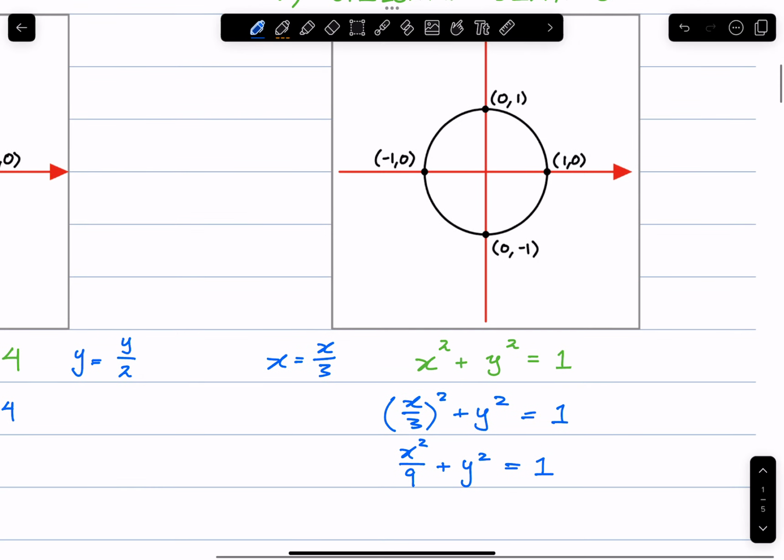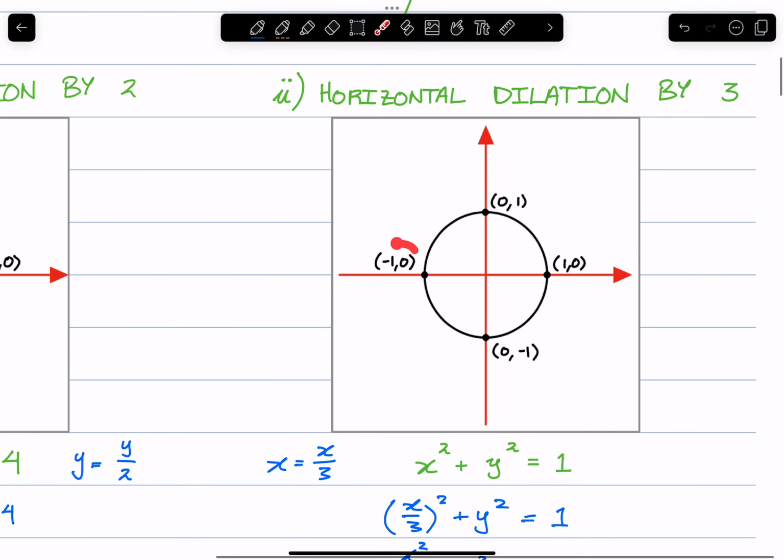Same deal for this. What this means is that the distance, which is currently 1 in the x direction, is now being multiplied by 3. So this point will be stretched out 3 units to the left, or times by 3. So it'll become this point here. That coordinate will be (-3, 0). And likewise for this one, this will become (3, 0).